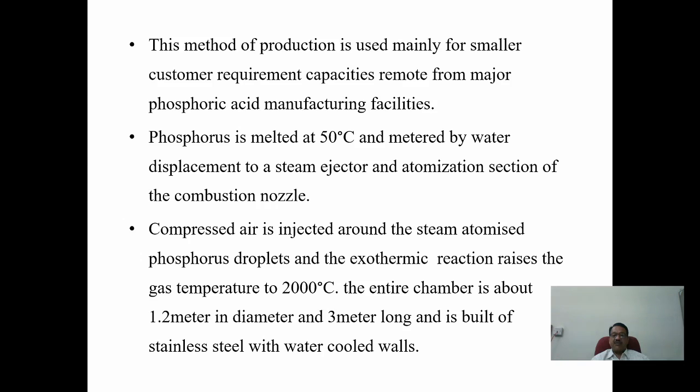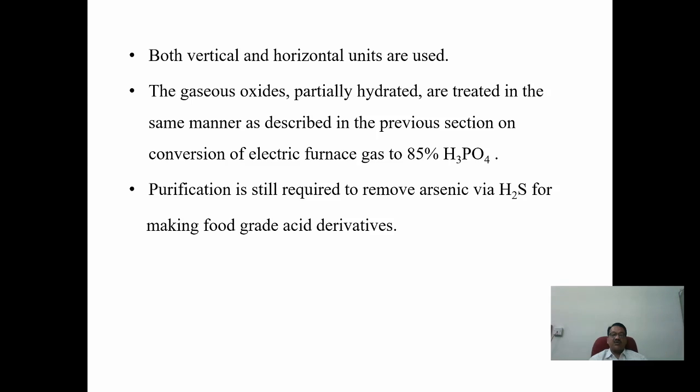The entire chamber is about 1.2 meters in diameter and 3 meters long and is built with stainless steel with water cooled walls. Both vertical and horizontal units are used.